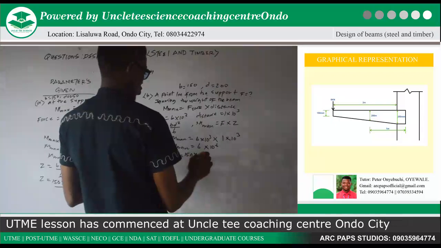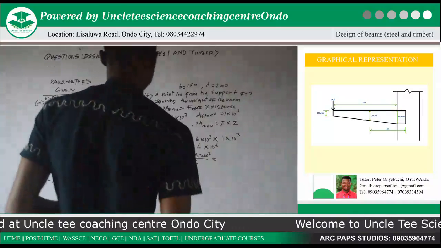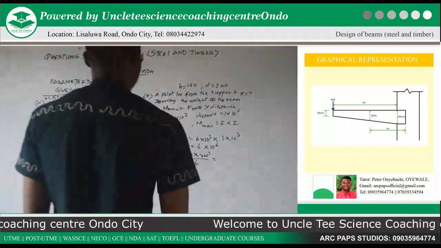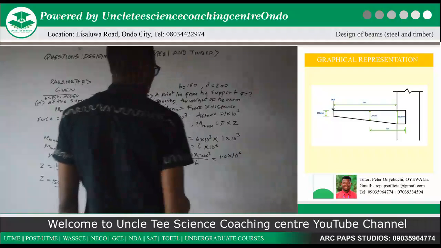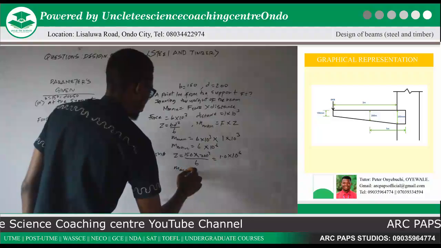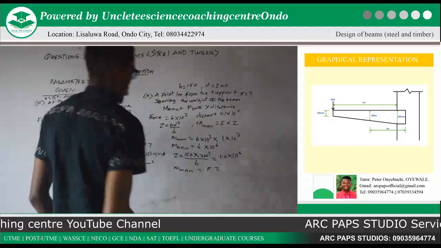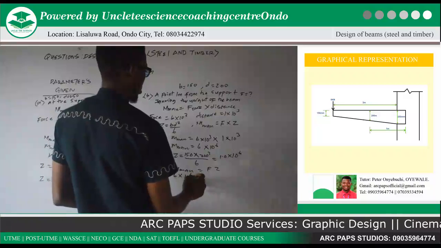Now our Z is equal to b d squared over 6. So our b is 150, our d is 200. Substituting that using your calculator, you're going to get your Z to be 1.0 times 10 raised to the power 6. Now since Mmax is equal to F times Z, we have gotten our Mmax to be 6 times 10 raised to the power 6.